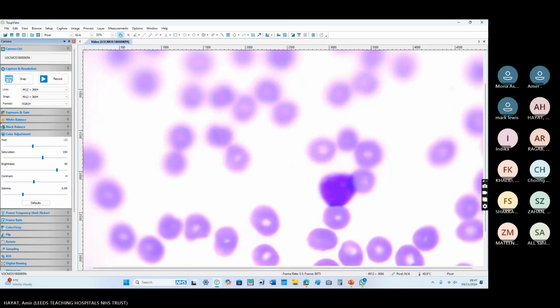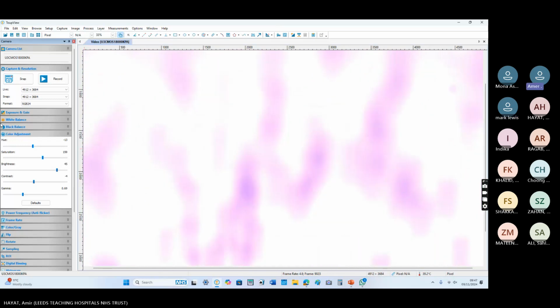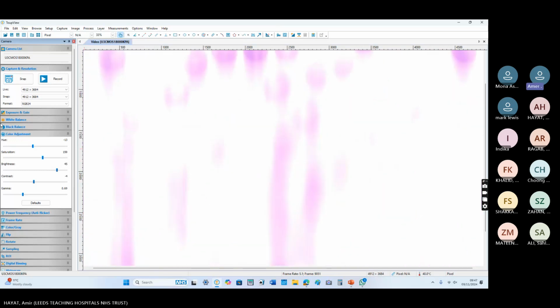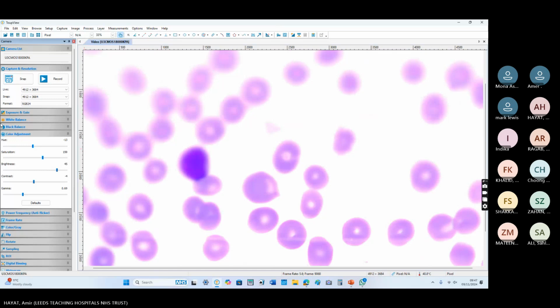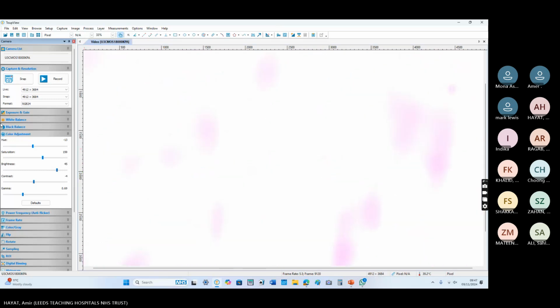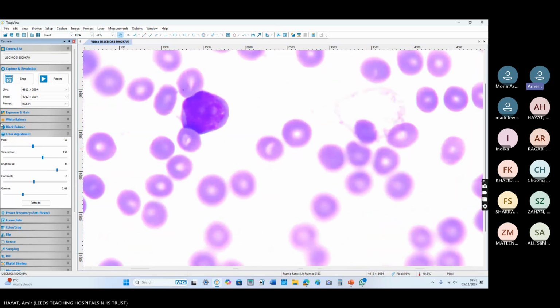So this film was rightly picked up by the lab hematologist, straight into the consultant's office. He thought that this is acute leukemia. We agreed with that. We thought that this is acute leukemia as well. We sent the blood urgently for flow.